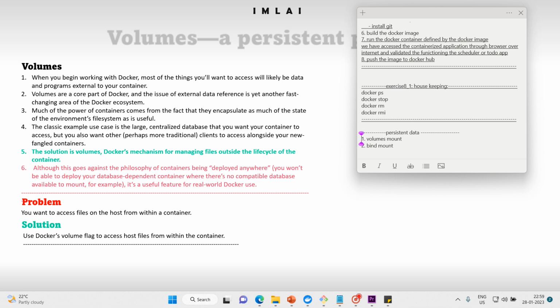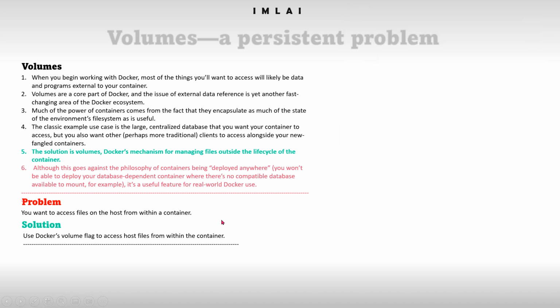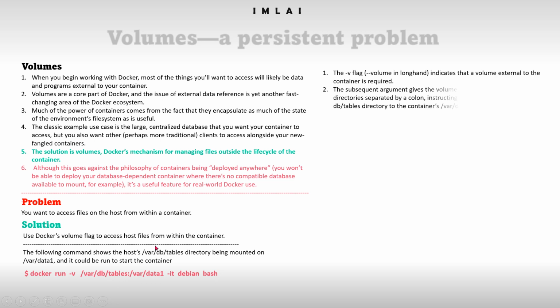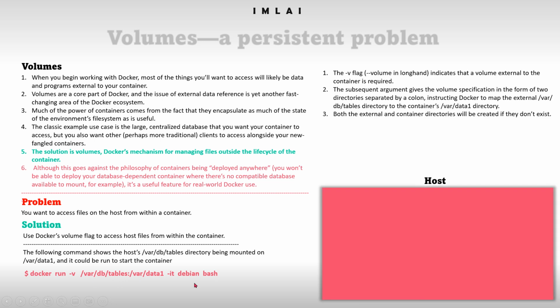So this is the first case, volume mount, that we are looking at on the screen now. For that we need to use the volume flag to access the host files, and this is how it looks. This is only for volume mount; of course this is for a database.